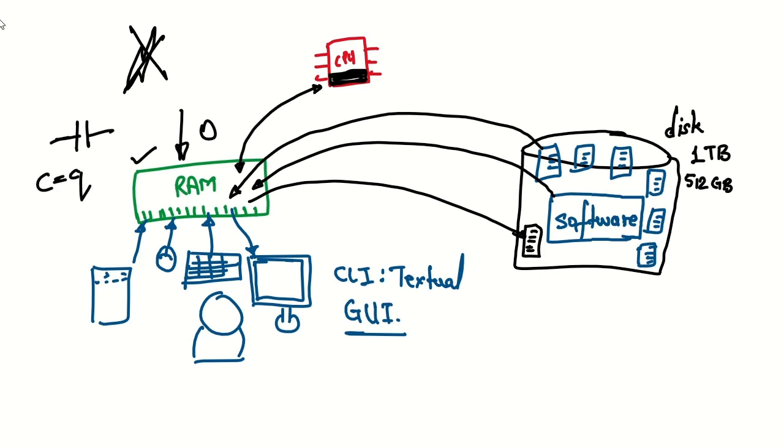C is equal to Q by V. Capacitance is charge held per unit of voltage. If voltage goes to 0, we can also say CV is equal to Q. C is a constant. If voltage goes to 0, the charge held will be 0. So all of the data written on RAM will vanish.